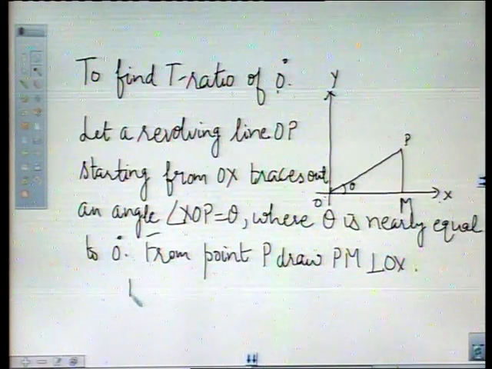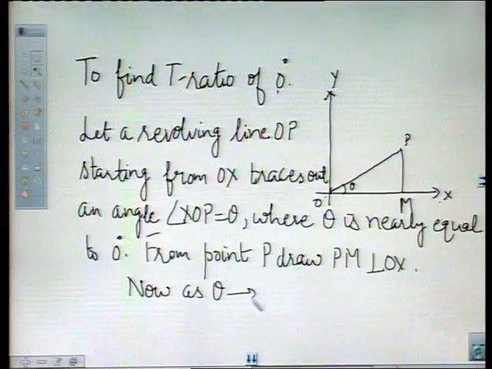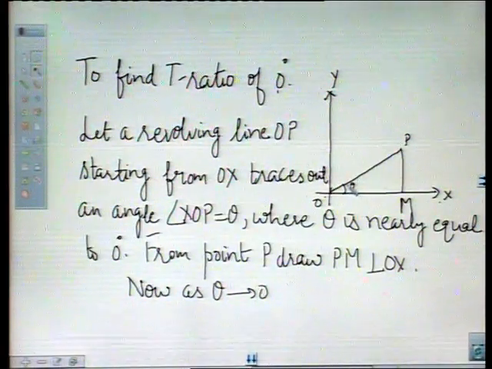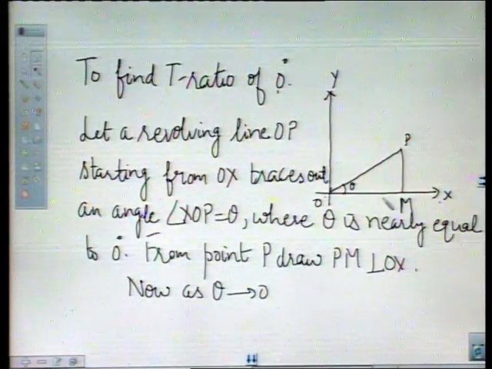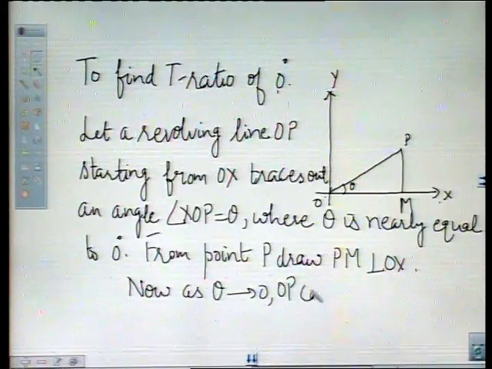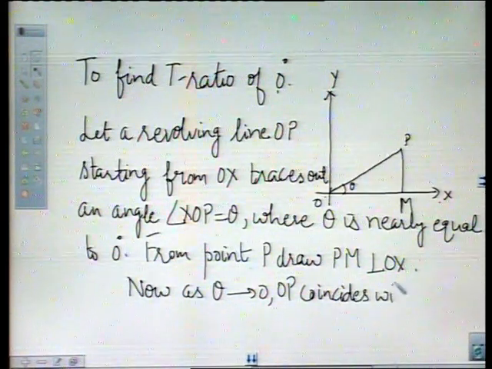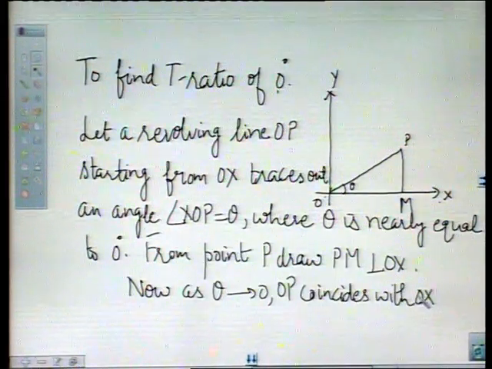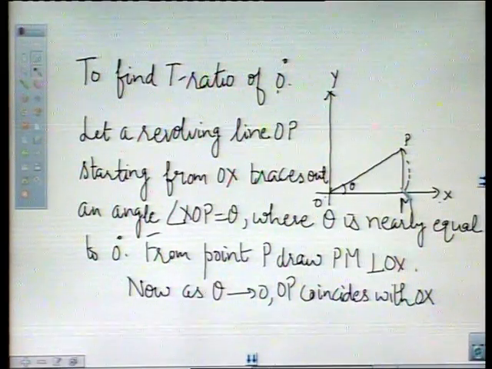Now, as theta tends to 0, this OP will coincide with OX.